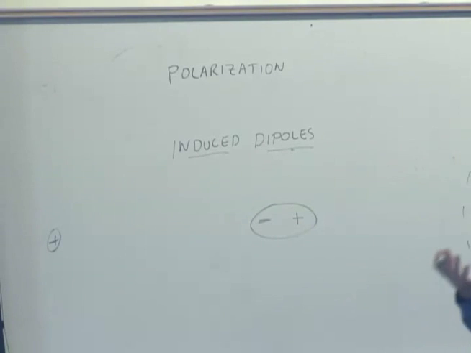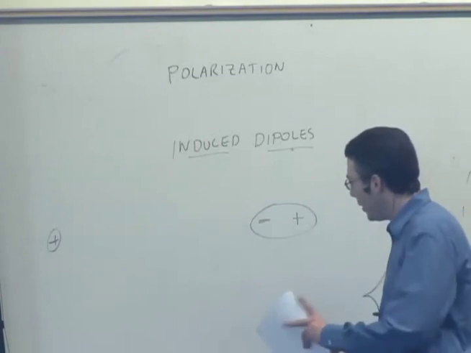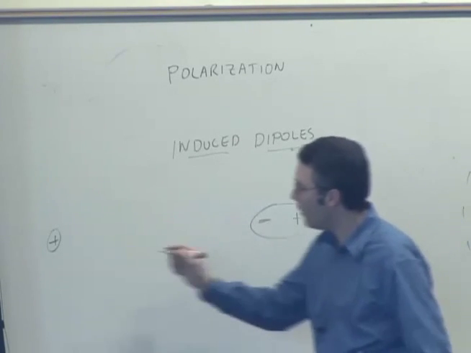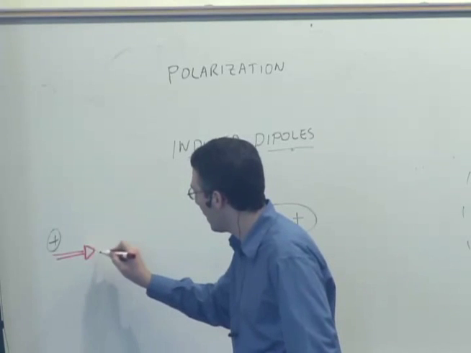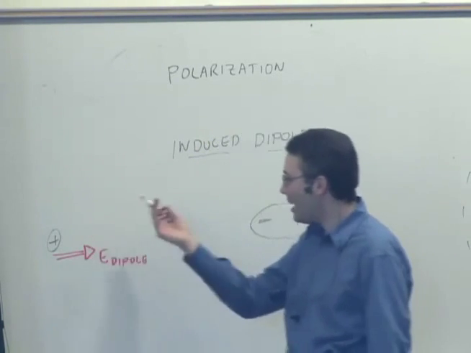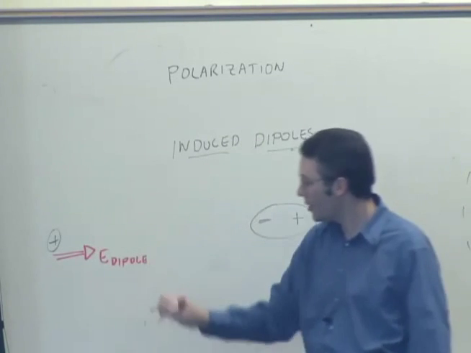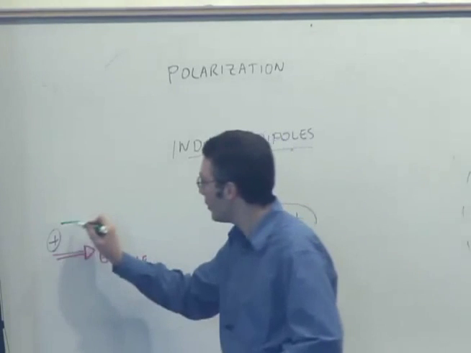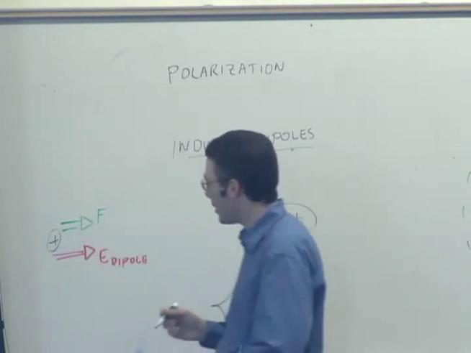Well, the dipole itself is going to create an electric field at the location of the original charge. So the electric field due to the dipole, if we're closer to the negative end, is going to be pointing that way. And then the field acting on a positive charge is going to produce a force in this direction, same direction as the electric field. So it's an attractive force.